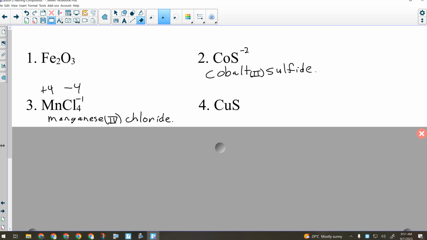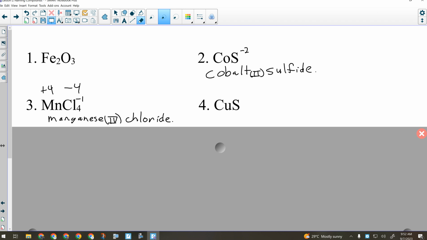Okay, now here's the danger that comes along with this. When do I need to use a Roman numeral? With the transition metals, or any time the metal I have in the compound has more than 1 possible charge. I don't need to use a Roman numeral for calcium, or magnesium, or lithium, because they only have 1 possible charge.